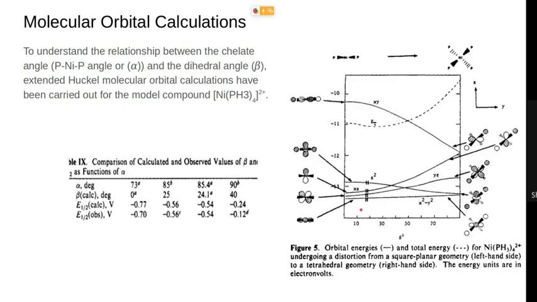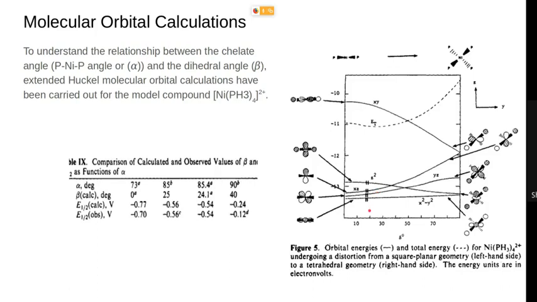The dx2-y2 was earlier non-bonding, and now also it's non-bonding. The dz2 also gets lowered in energy, because earlier it was slightly antibonding, but now it decreases, again only gradually. While the dxz and dyz increase in energy. So the two main things happening are the stabilization of dz2 and the destabilization of dxz and dyz.